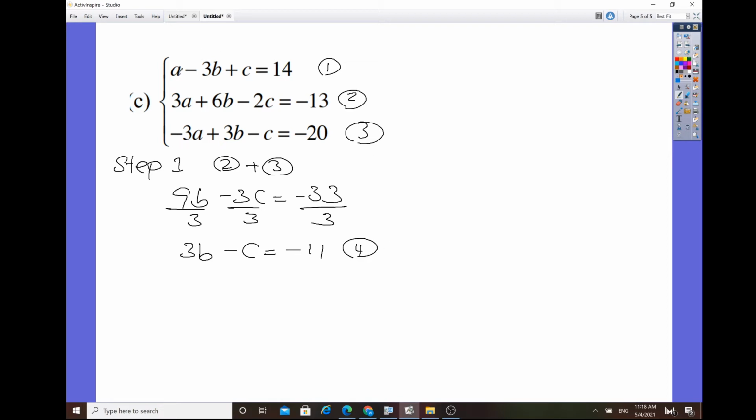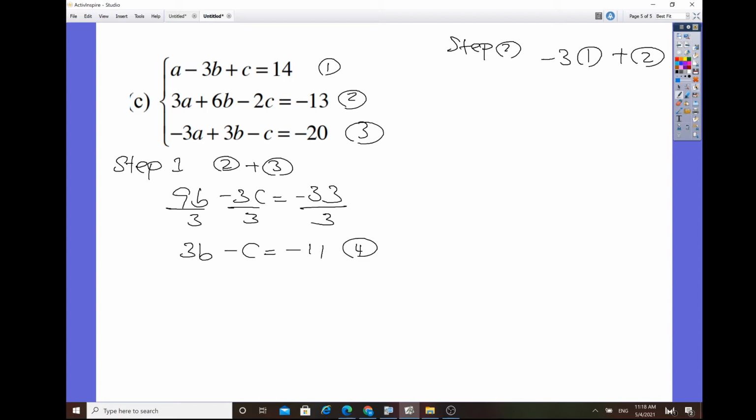In order to get rid of that a, for the first equation, the next step is to multiply the first equation by negative 3 and then combine it with the second equation.